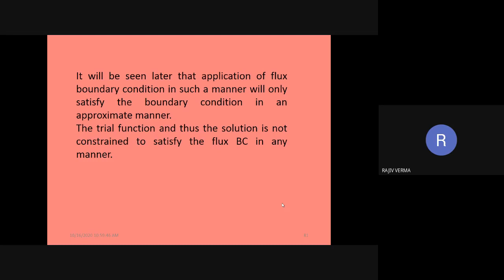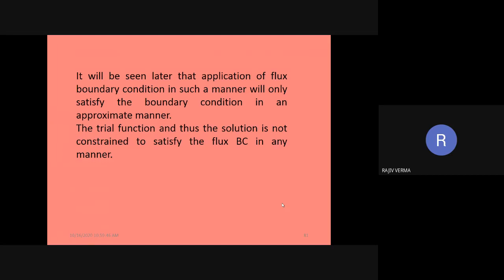Now coming to the first boundary condition, you have already noticed that there is no term in the equations where the first boundary condition can be substituted as we have substituted the second boundary condition.